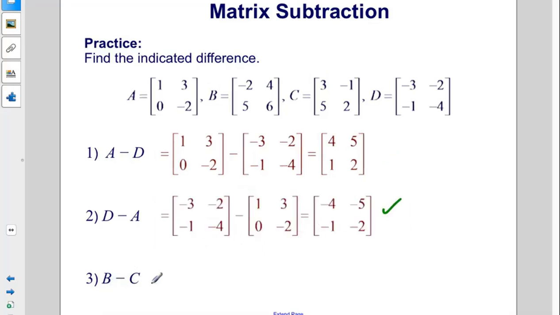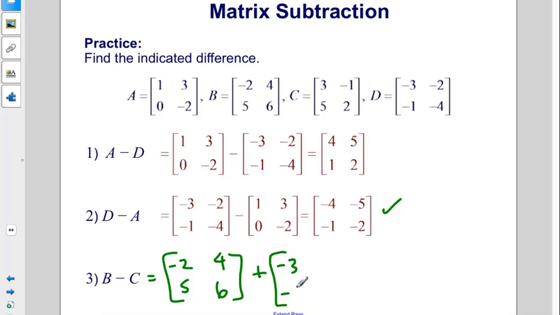Let's do this last one by treating the negative sign as a scalar with a value of negative 1 and changing this into an addition problem. So we have B, so negative 2, 5, 4, and 6, plus negative C. So we're going to take each number in here and switch the sign. So negative 3, negative 5, 1, and negative 2.